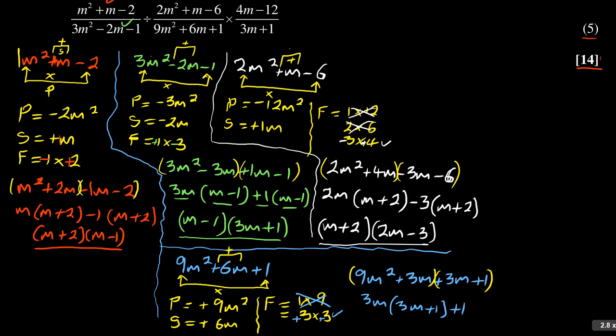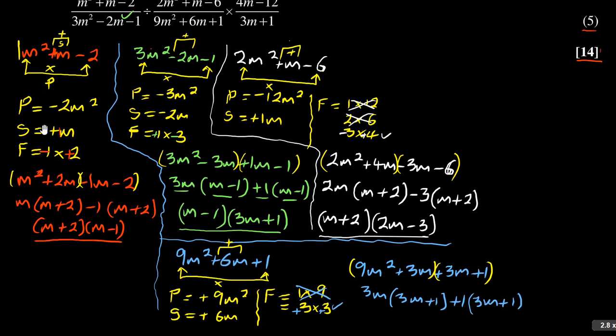And already, if you look at this second group, it's already 3m plus 1. So you take out a 1, which won't change anything, and you'll have 3m plus 1. And then if you simplify that, you have 3m plus 1 in brackets, and outside the brackets it's 3m plus 1. So this you have managed to factorize.